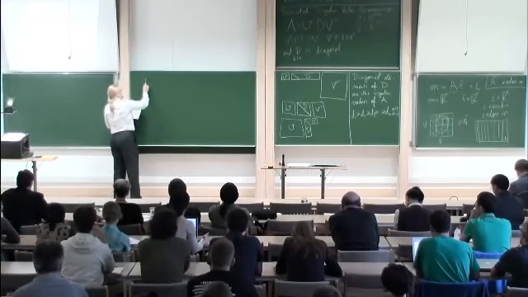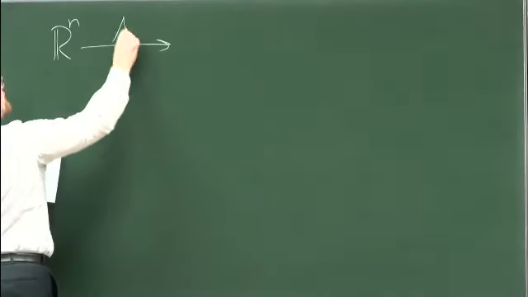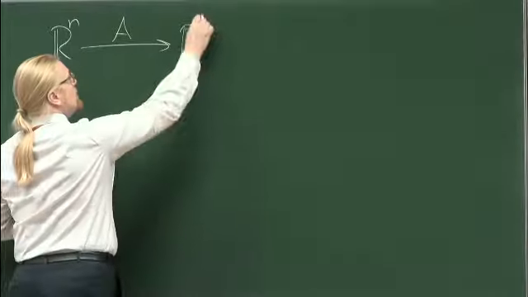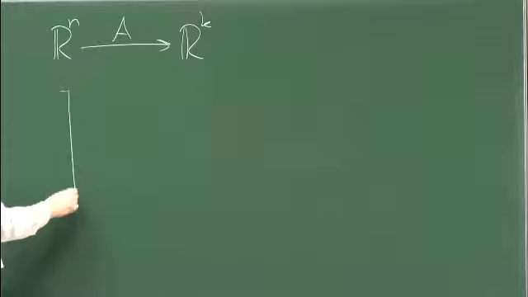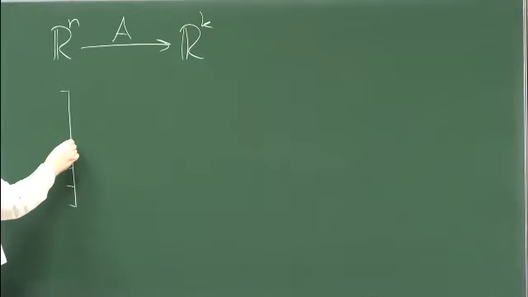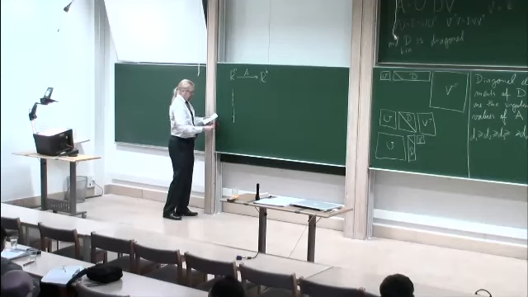So the matrix A maps from Rn to Rk by vector multiplication, and let me just schematically denote this Rn with this kind of a picture. Now every interval like this here denotes one dimension, so actually my Rn is 1, 2, 3, 4, 5, 6, is R6 in this example.